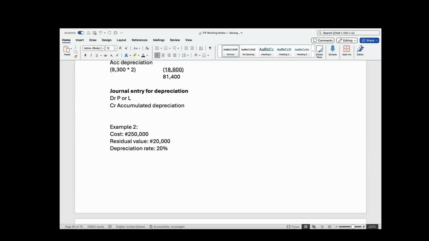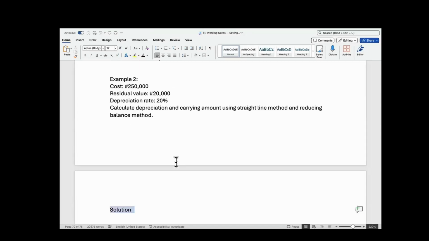We're now asked to calculate depreciation and carrying amount using the straight line method and the reducing balance method. So if you are told to do this, you should calculate depreciation and carrying amount using the straight line method and reducing balance method with this scenario given.